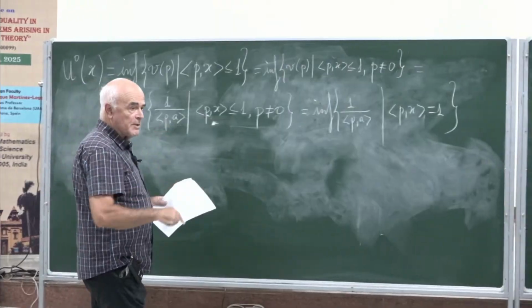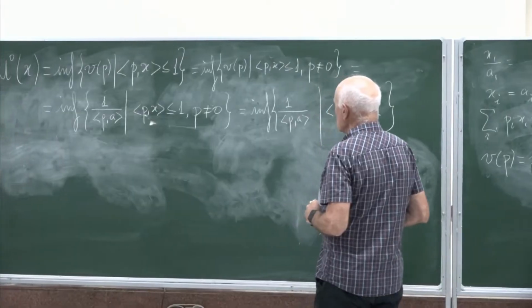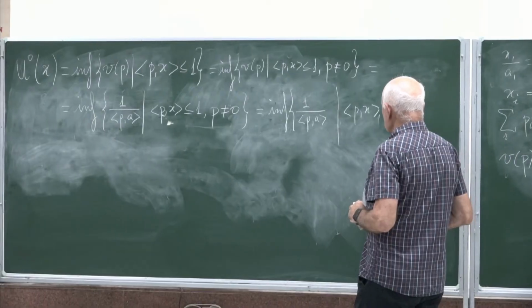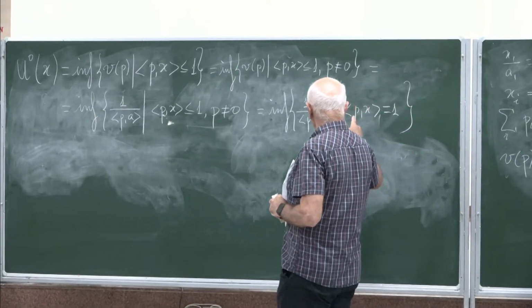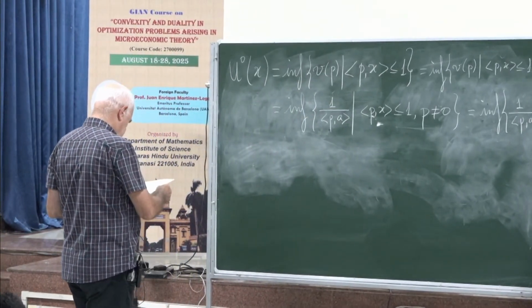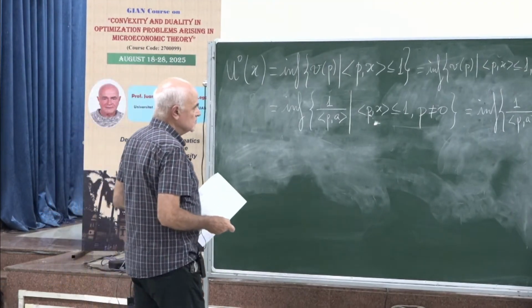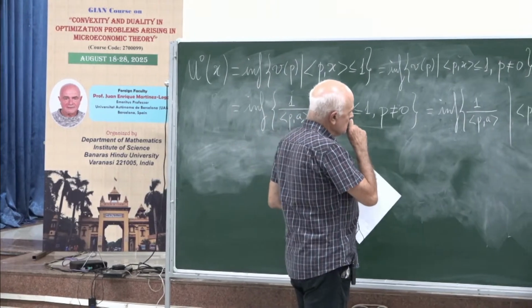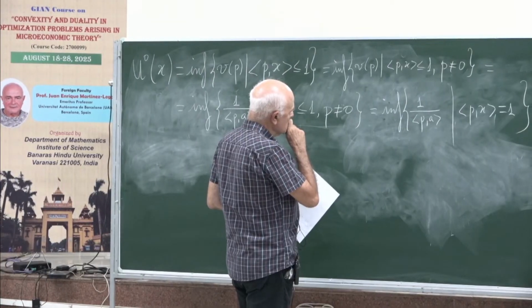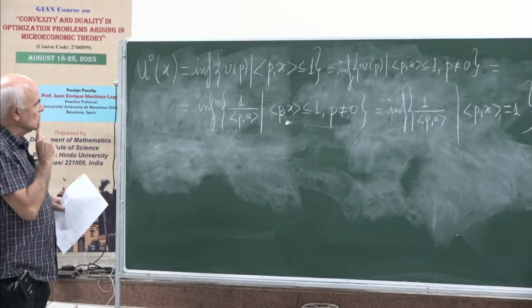And I'm very happy with this constraint because this means that we are on a compact set. Be careful because x may have some 0 component.